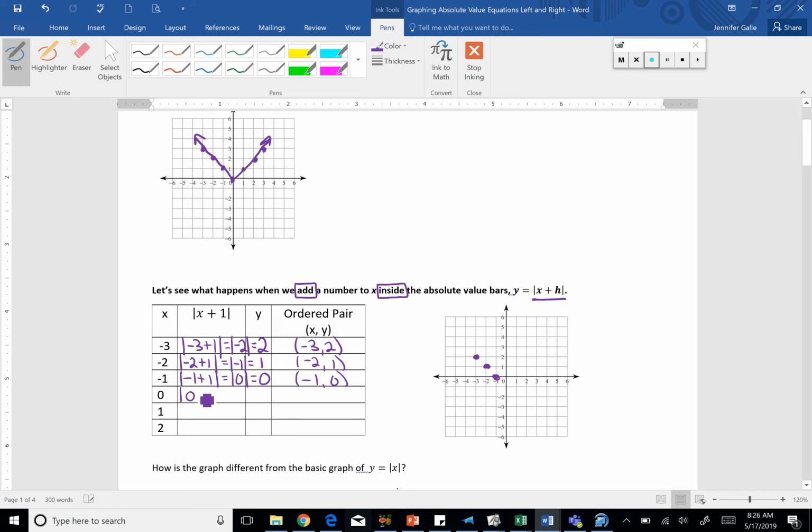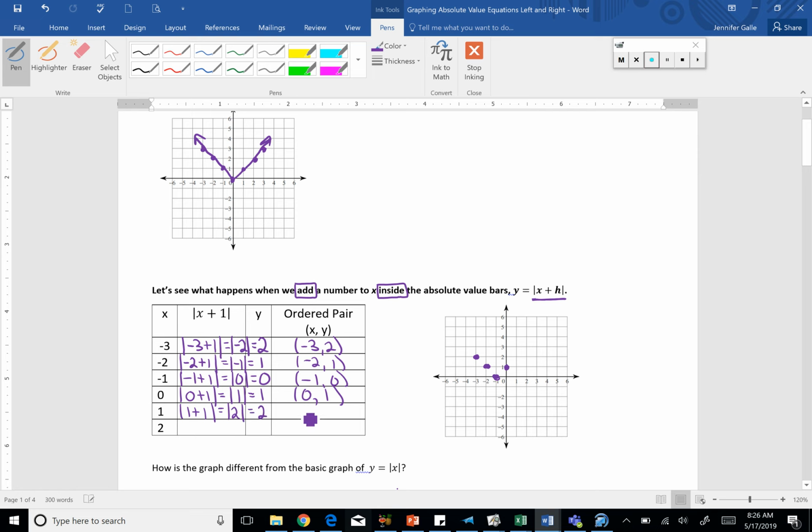All right, so we have 0 plus 1 gives me a 1. And again, be careful on these. Absolute value is a distance. It doesn't mean I changed the sign. It literally means how far am I from 0, and we are 1 space from 0. So 0, 1. Next up is +1.